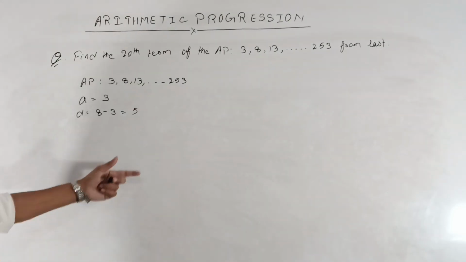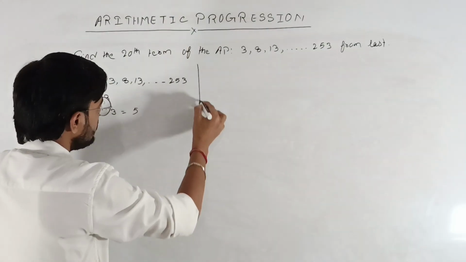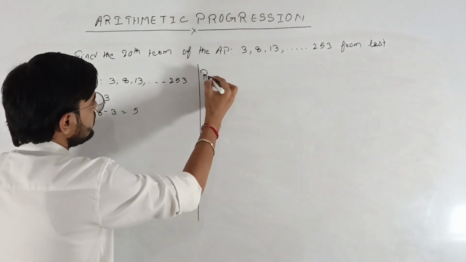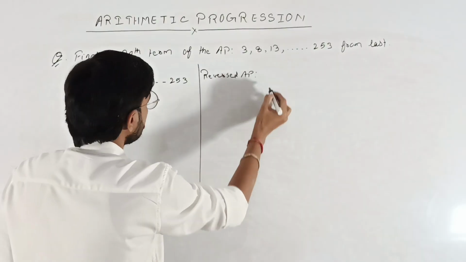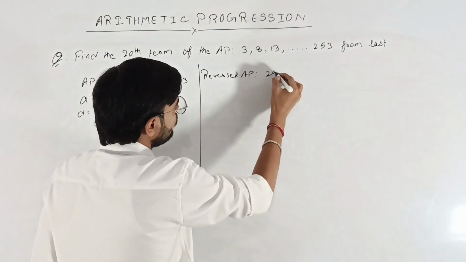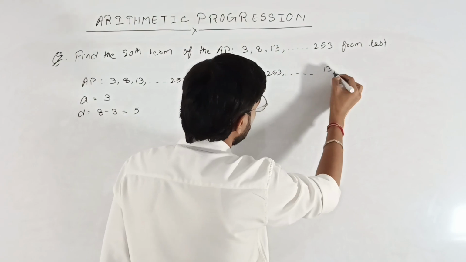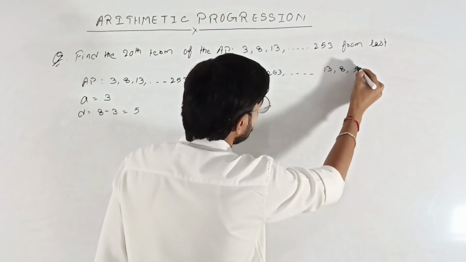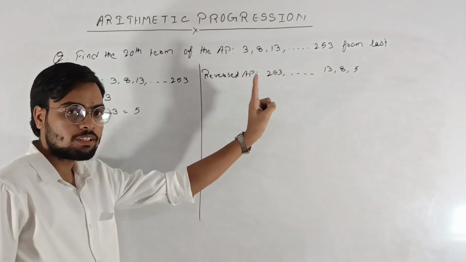Now for finding the 20th term from last, I reverse this AP. So the reversed AP is 253, and so on up to 13, 8 and 3. Now A is 253.